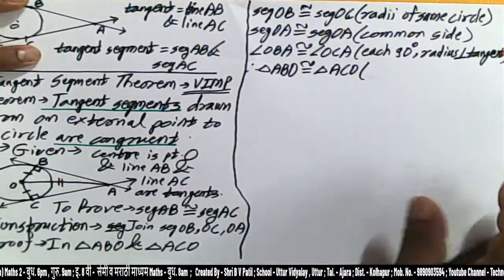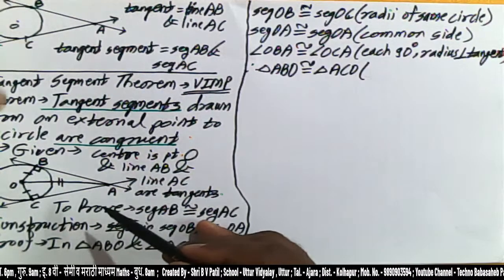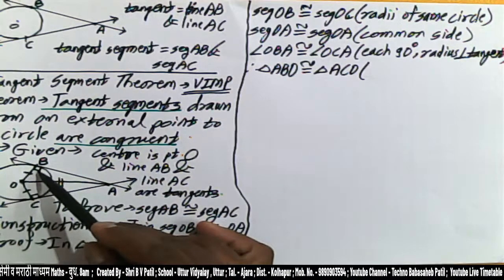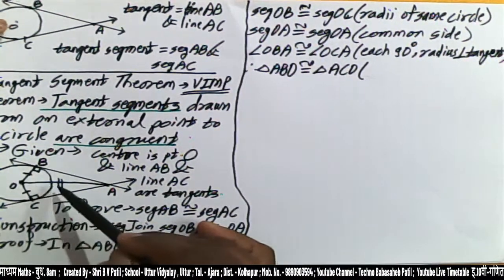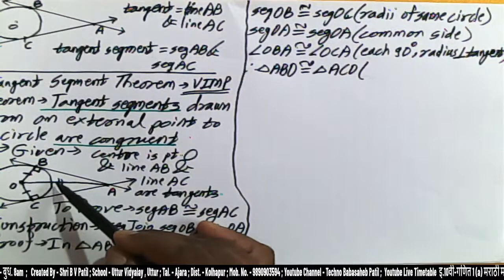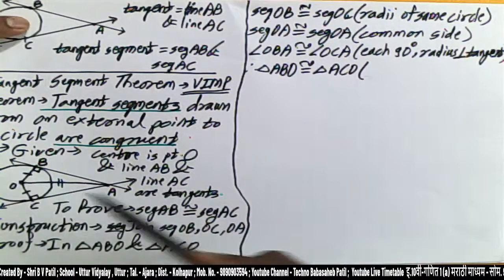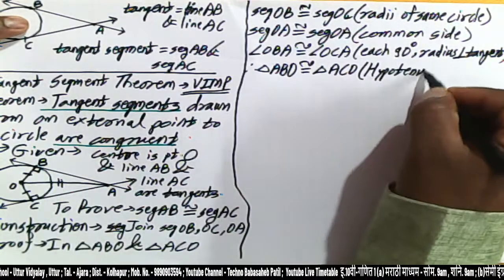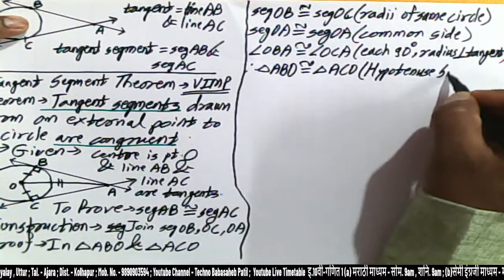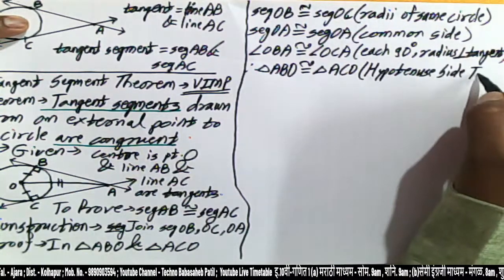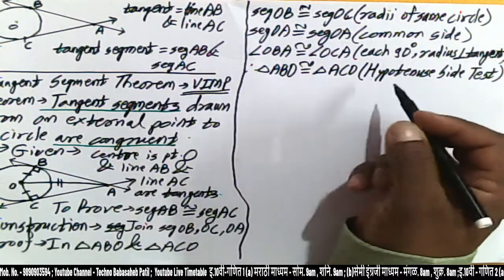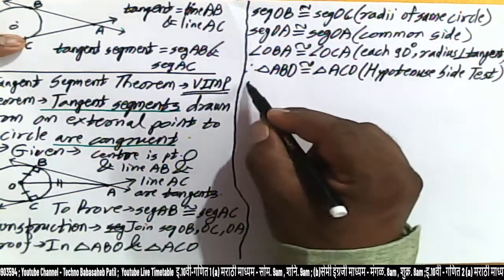What is the reason? Which test? Here we have 90 degrees, and the side opposite 90 degrees is the hypotenuse. This is hypotenuse and side, that is the hypotenuse side test or theorem.